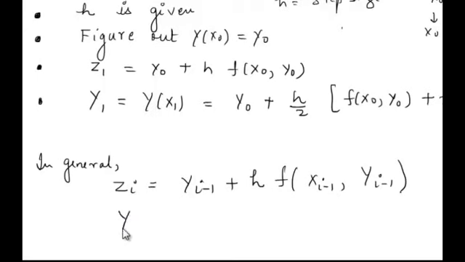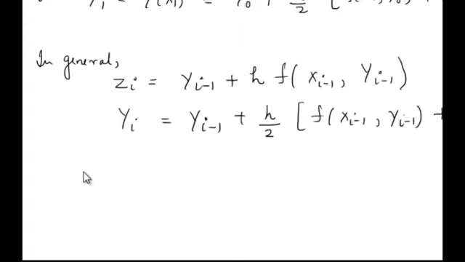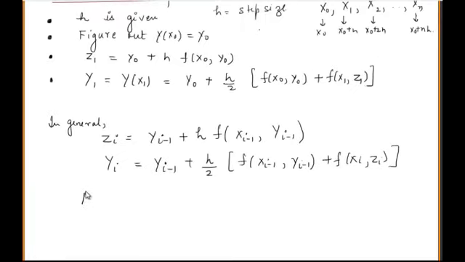And yi will be the ith approximation in terms of the i minus 1 approximation: y i minus 1 plus h over 2 times f of x i minus 1, y i minus 1 plus f of xi zi. So these are approximations to the solution yi.